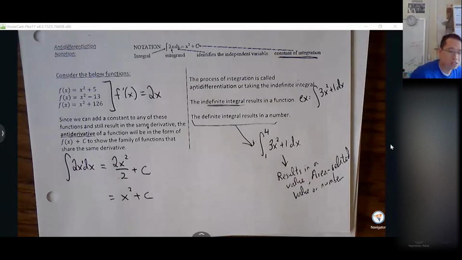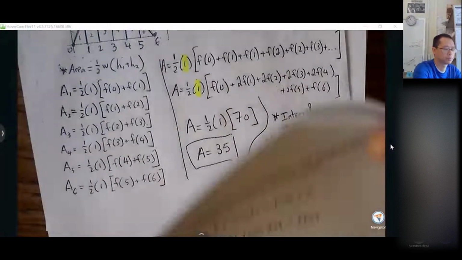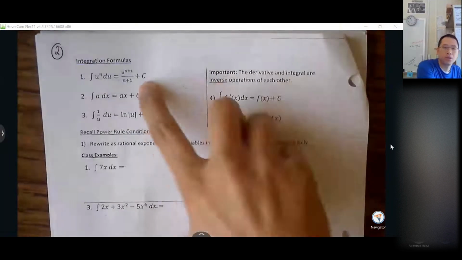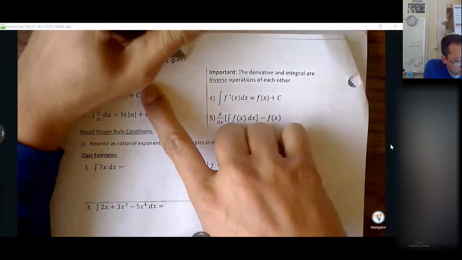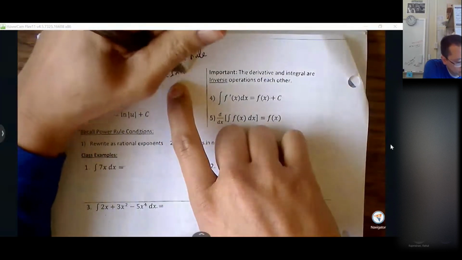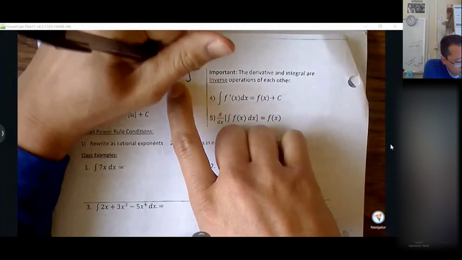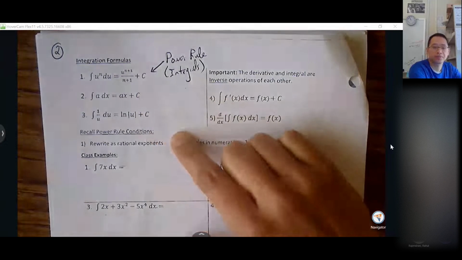Okay, let's spend the remaining few minutes going over a couple of examples on the back page. Here is the power rule that we'll be using: add 1 to the exponent, divide by that new exponent, and then plus c.